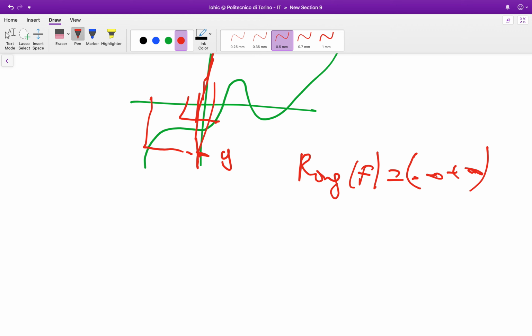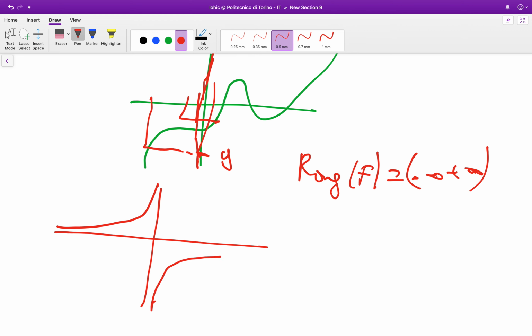Now imagine I draw a function like this one. Is this function surjective? One needs to look at the range, right? To look at this line. It's clear that all the places that I put in green can match the function, yes or not?